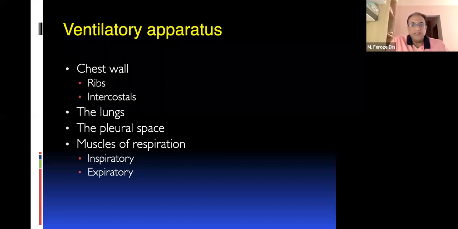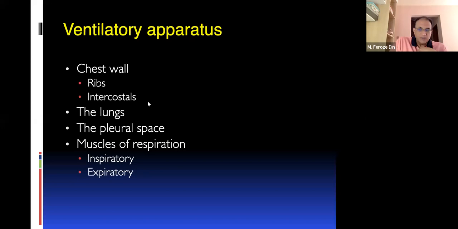In order for ventilation to take place, the ventilation apparatus must be in its proper condition. What is this ventilation apparatus? The chest wall, which is largely constructed by the ribs and the intercostal muscles. And then we have the lungs.